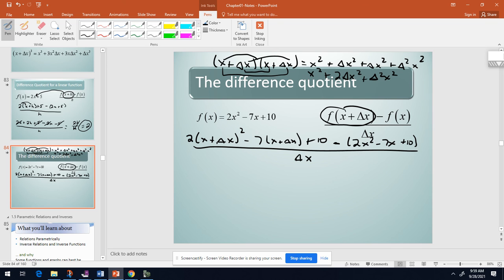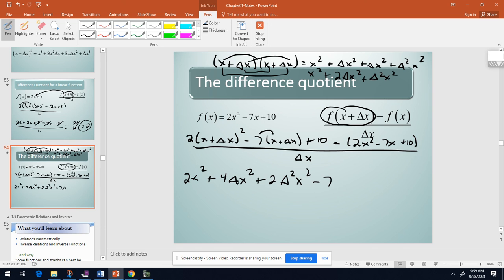Okay, so I'm going to distribute this 2. So it's going to be 2x squared plus 4 delta x squared plus 2 delta squared x squared. That is this part right here. Then I'm going to distribute a minus 7, 7x. Let's go back here.